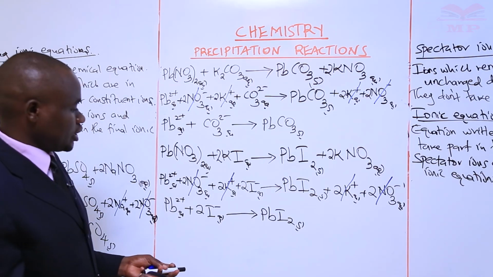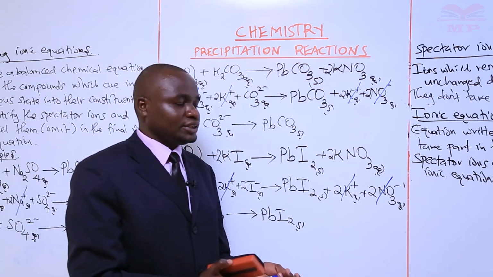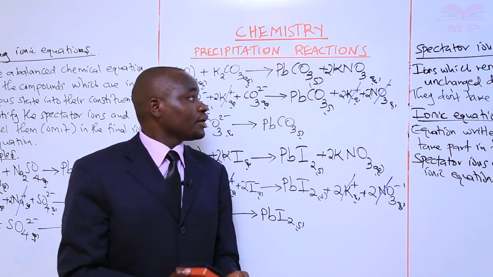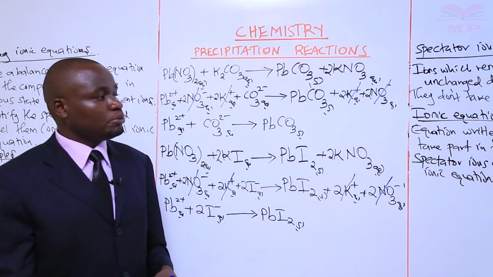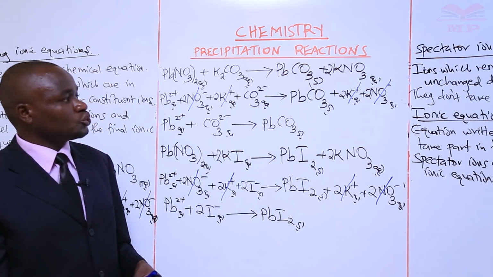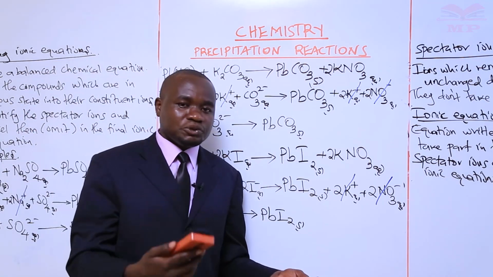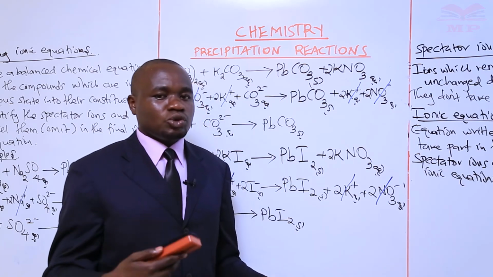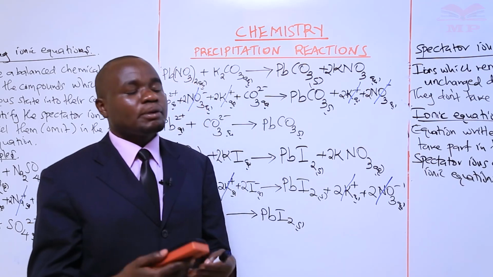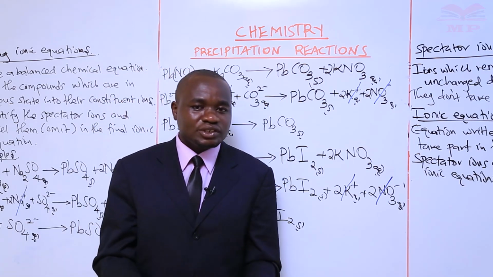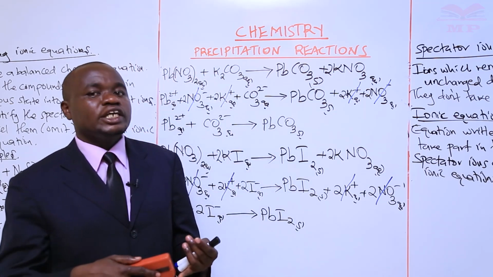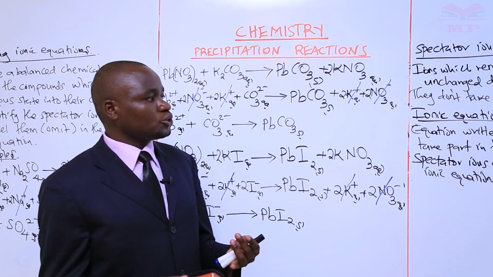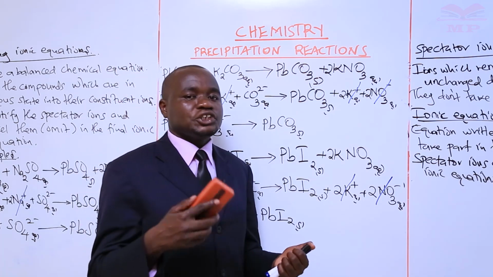So learner, we are saying we have learned precipitation reactions, and from it we have been able to learn how to write ionic equations. So we have said during a precipitation reaction, 2 soluble salts react by exchanging their ions, and the result will be a soluble salt and an insoluble salt. That insoluble salt will be called a precipitate.